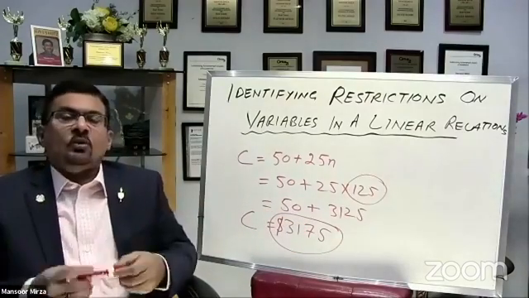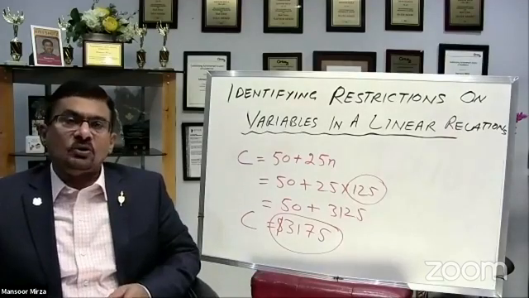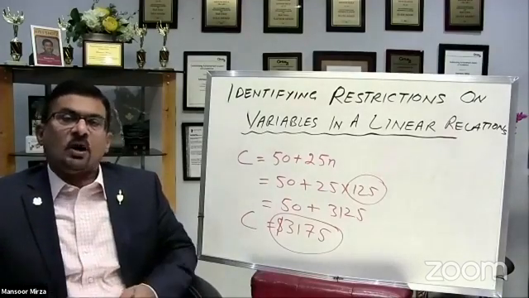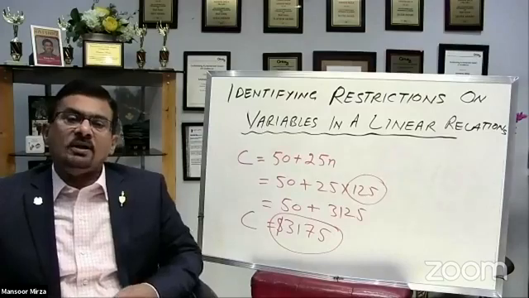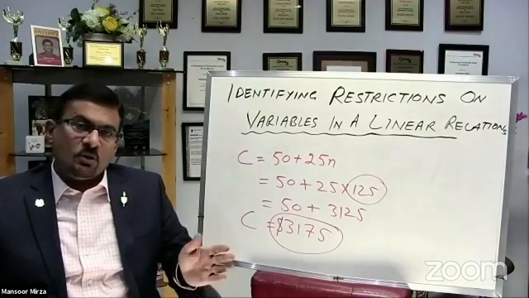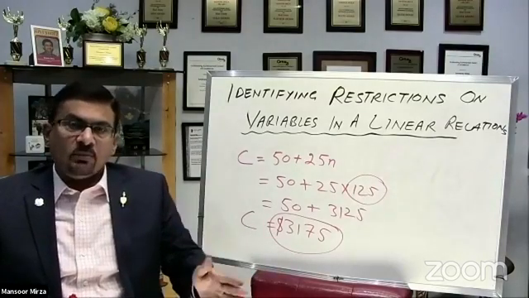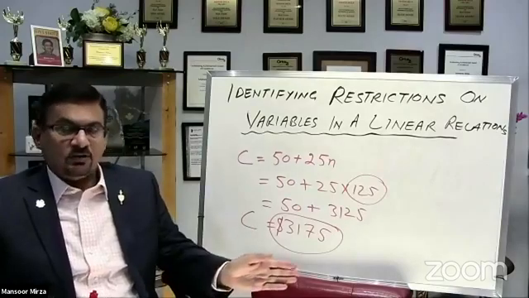So I hope you were able to understand that in linear equations sometimes we need to put restrictions, and this was the topic of the day: how we can identify restrictions on a variable in a linear relation. I mentioned the hours. Hours cannot be negative, so the lower restriction is that it cannot be 0 or less than 0.